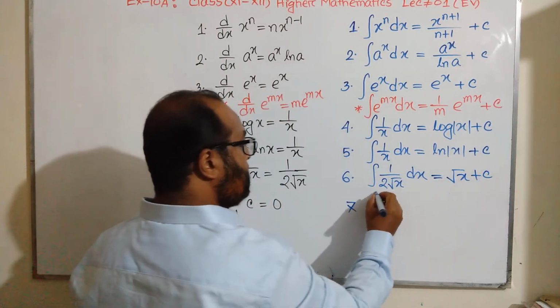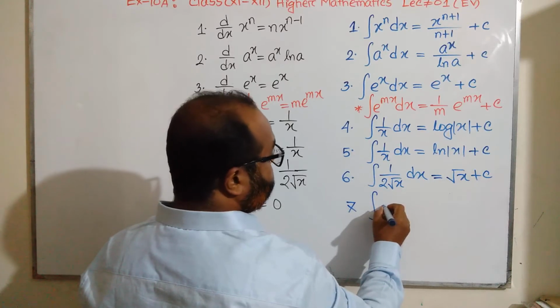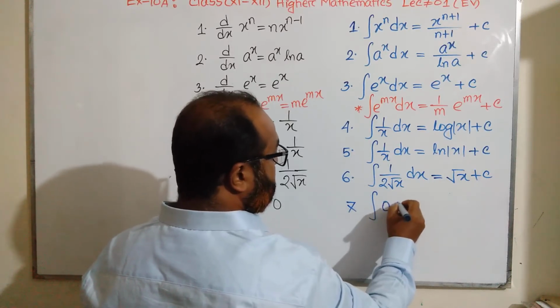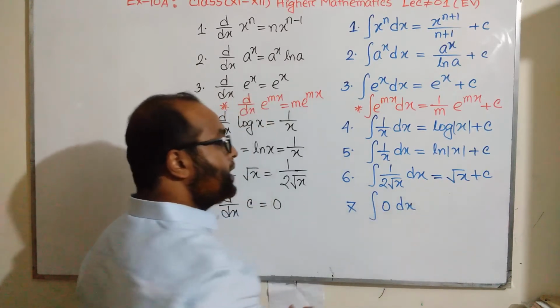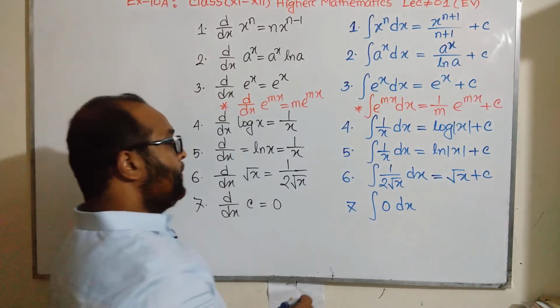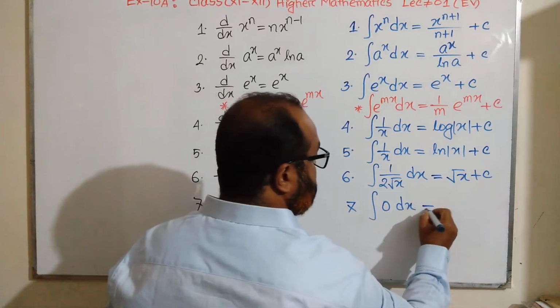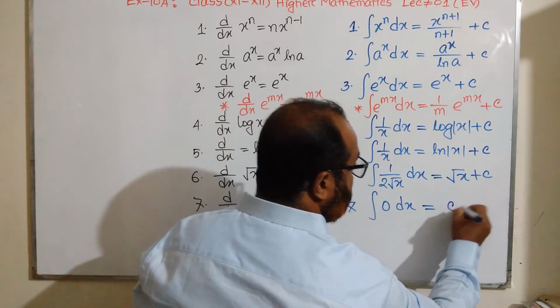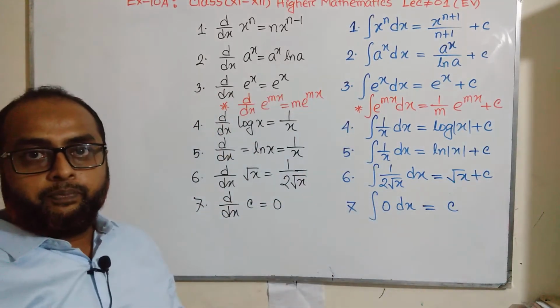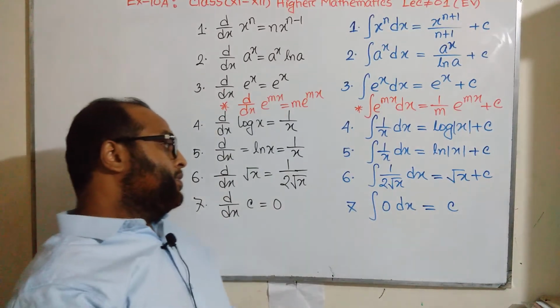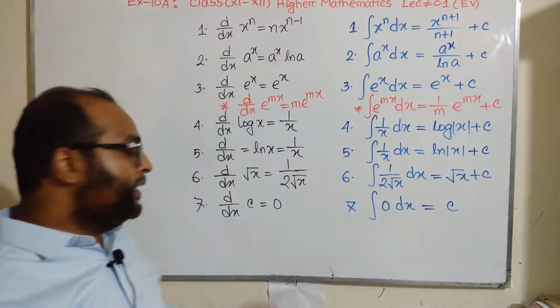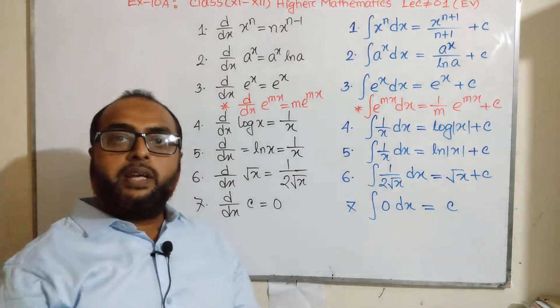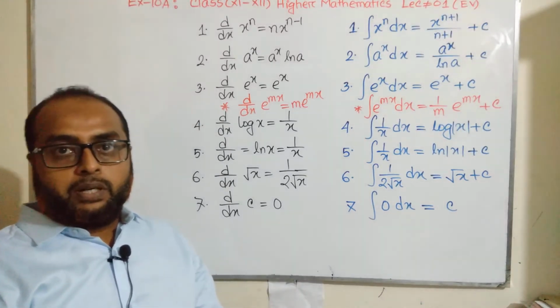Number 7, integration of 0 into dx equals only c. c can be any constant, any real number.